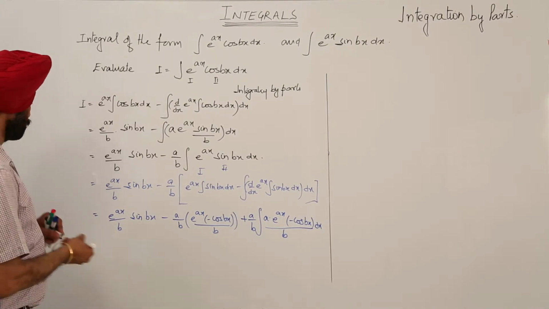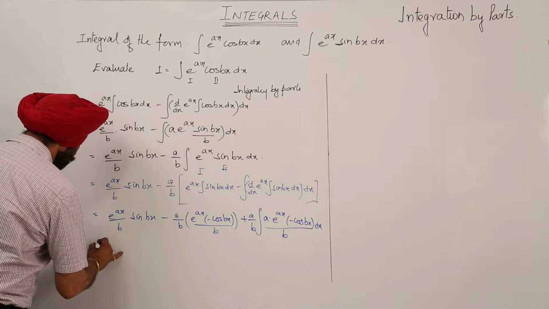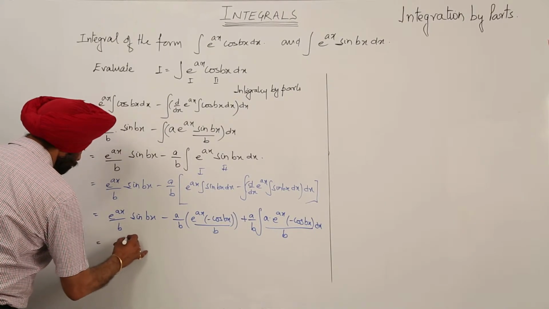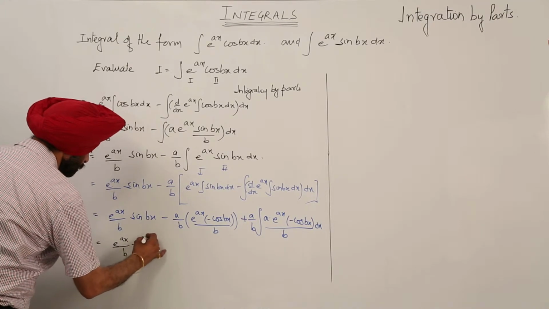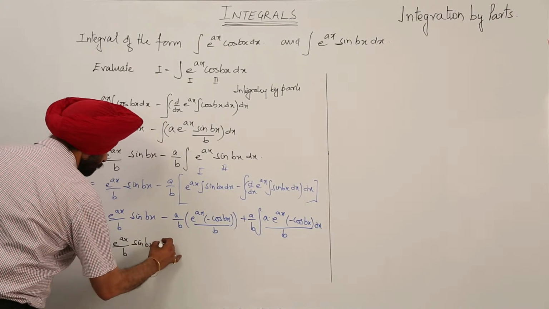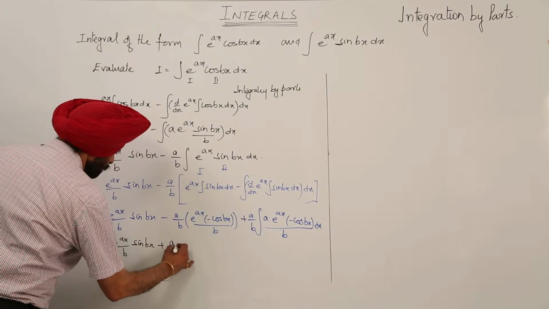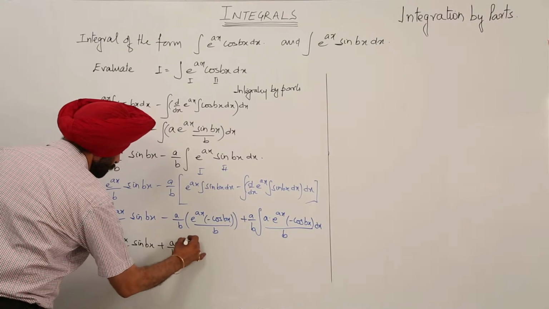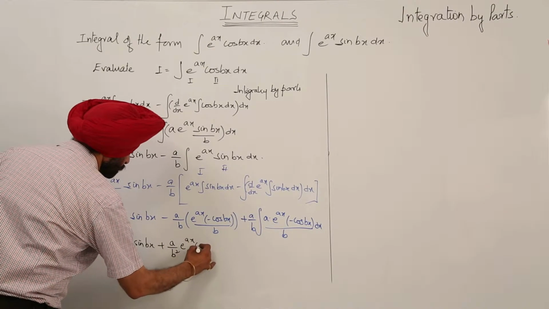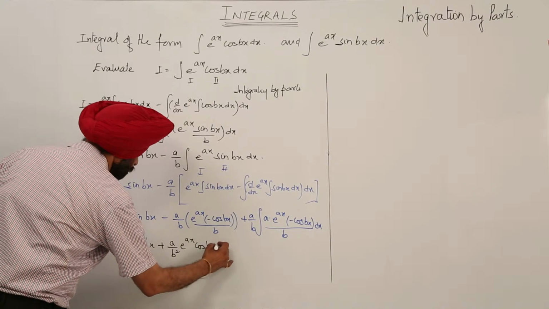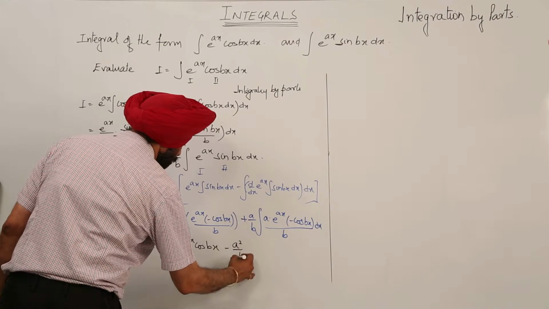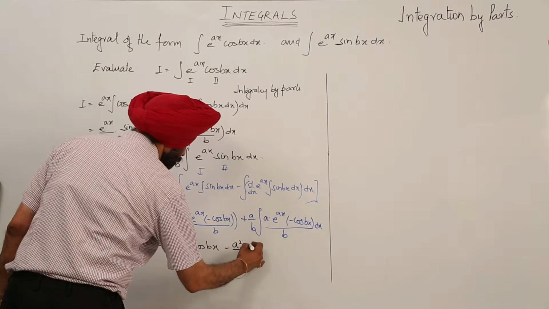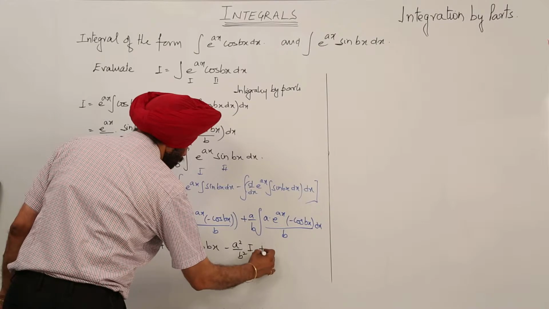Now we are having e raised to power ax upon b sin bx plus a upon b square e raised to power ax cos bx minus a square upon b square with I plus c.